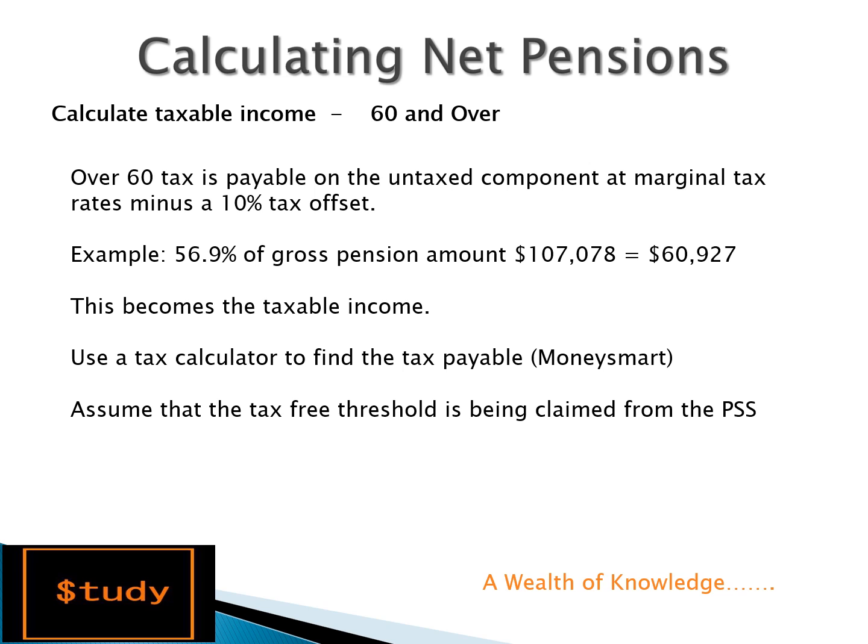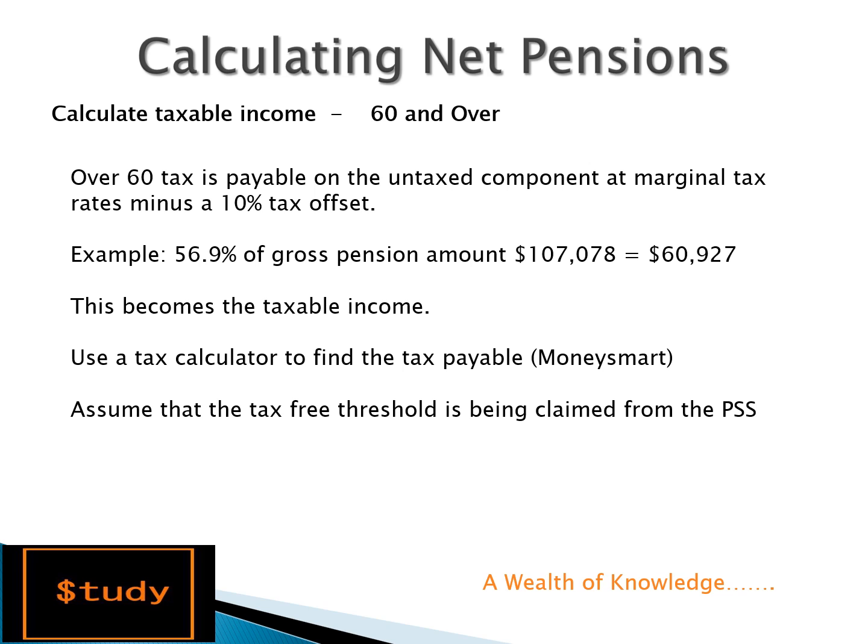Now, someone with an income of 60,000, that puts us into that 32.5 cents of the dollar tax bracket. That becomes your marginal rate, so to speak. So therefore, what tax do we pay if you've got a taxable income of 60,927? Now, I don't know off the top of my head, so we're going to use a tax calculator. You can find a very good tax calculator on the Money Smart website. Again, this website is put out by ASIC, got some really good calculators on there.